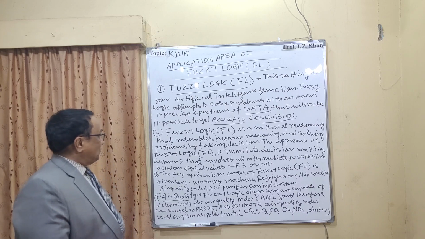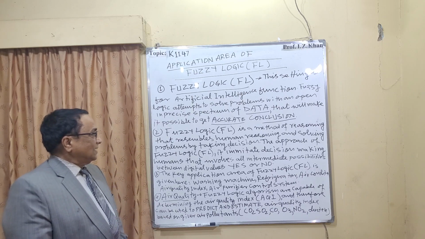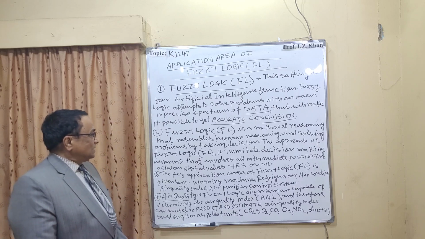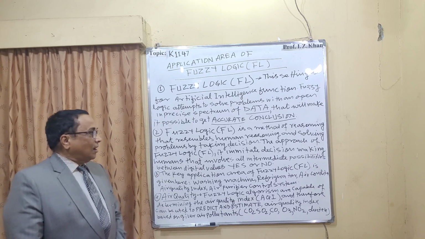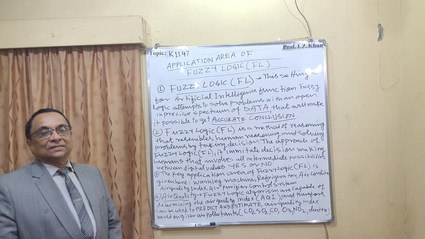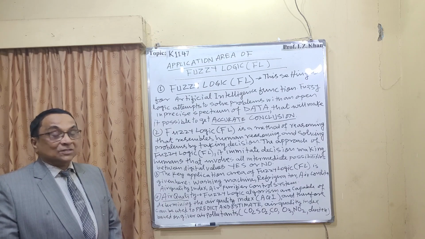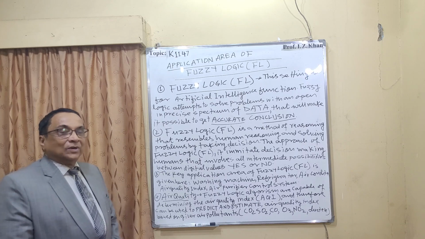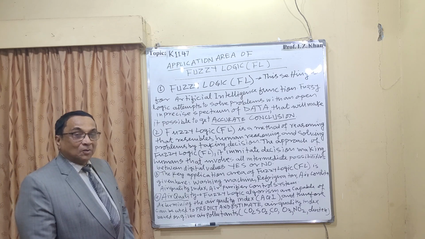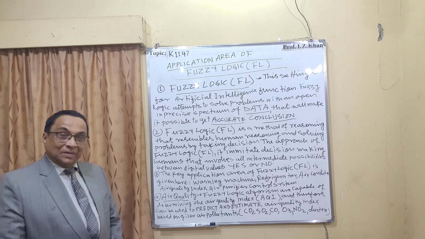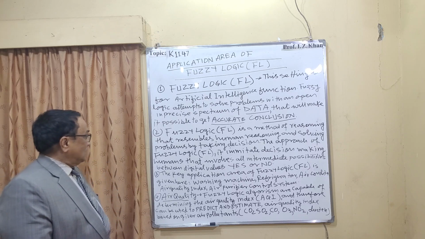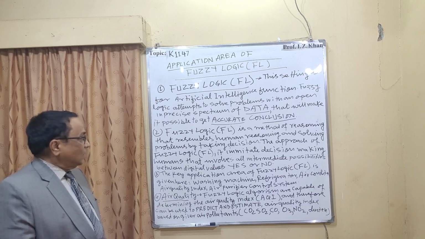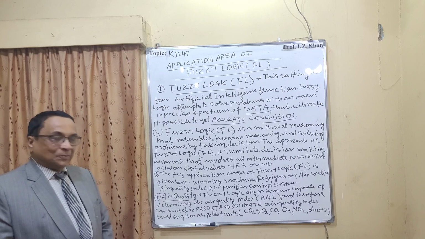The approach of fuzzy logic imitates decision making like humans, and that involves all intermediate possibilities. That is very important, that it is not taking decisions on yes and no. It will solve the problem on the basis of a lot of intermediate possibilities between the digital values yes or no.